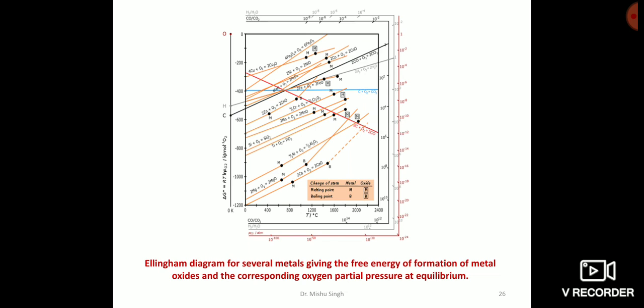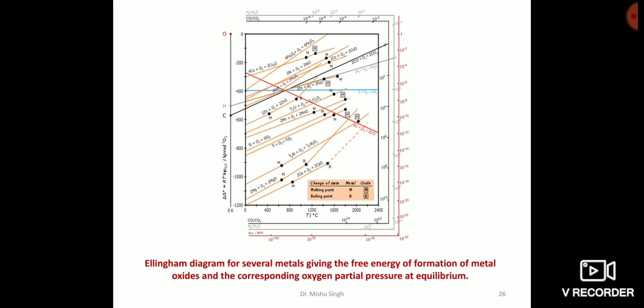Or you can say, the Gibbs free energy of formation of oxides versus temperature lines have a positive slope for most of the reactions involving the formation of metal oxides, as you can see in this figure.